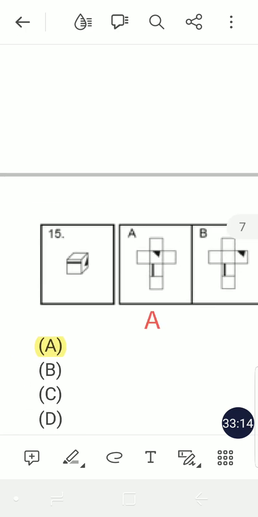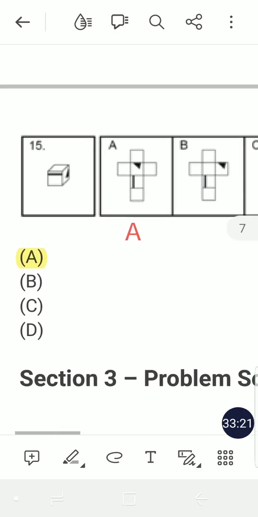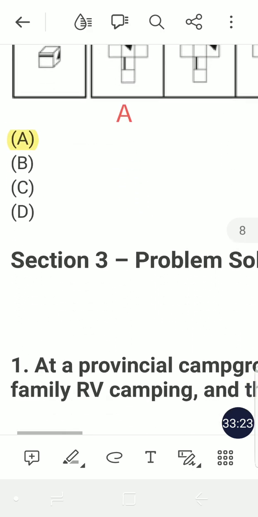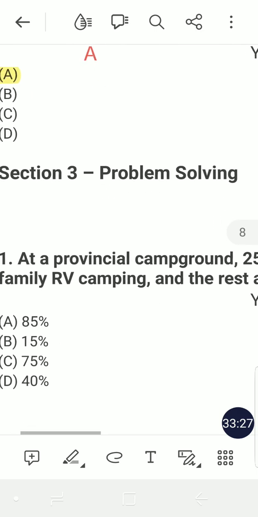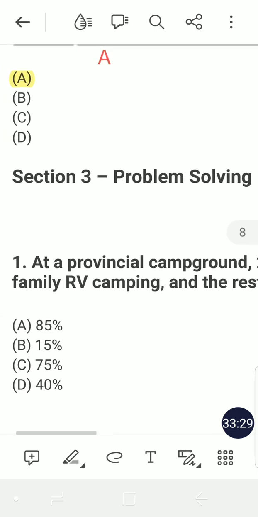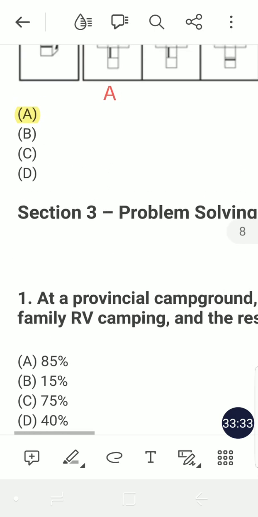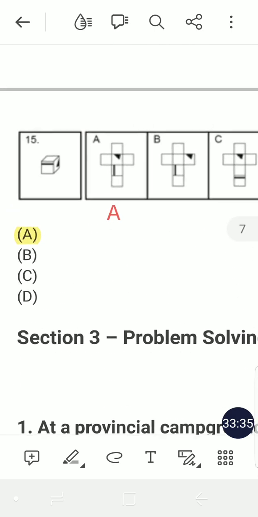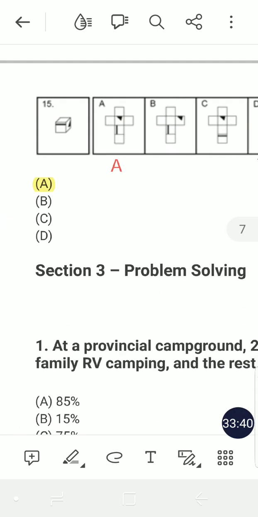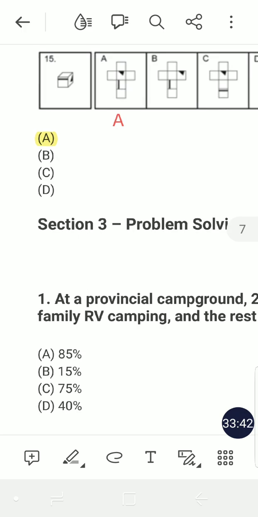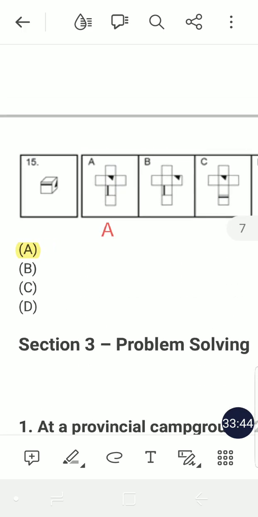So yeah, this is it for this part. In my next video, I'm gonna do the problem solving part, and explain how they arrive at the answers.